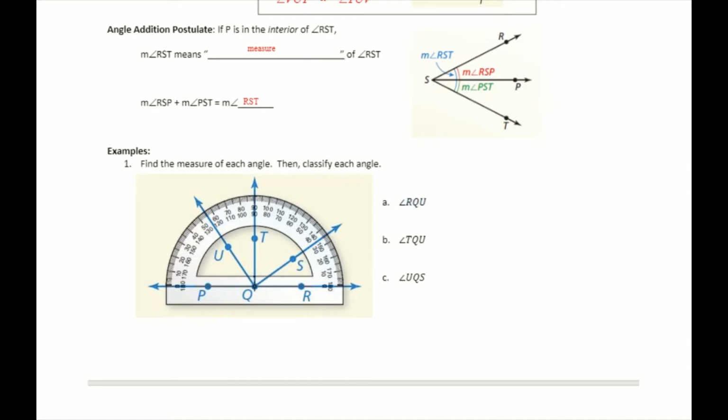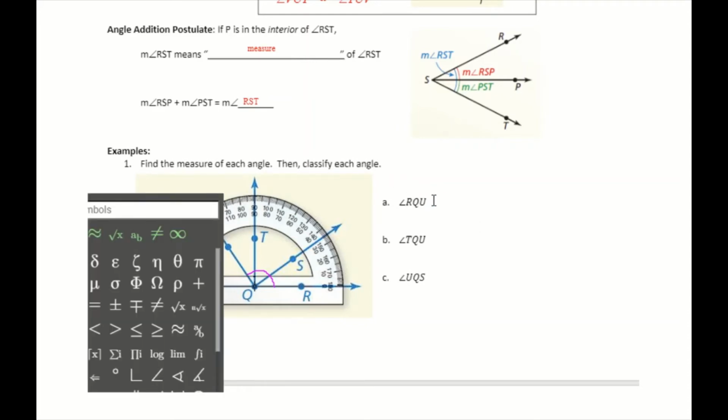So that would be RQU. RQU would be this one. Okay, so it doesn't really matter if you take the top numbers or the bottom ones as long as you're consistent. And then you just want to find the difference between the two angle measures where they're pointing to. So let's say we want to do the top.